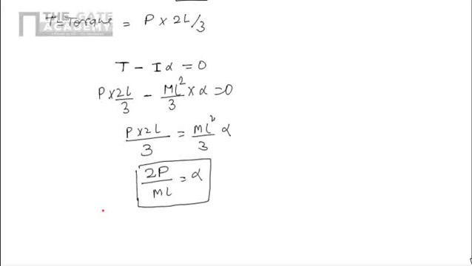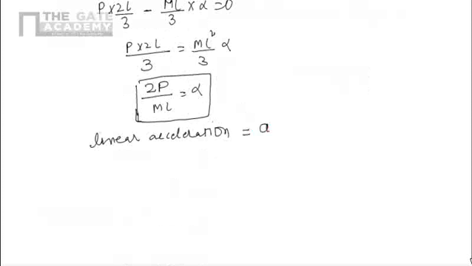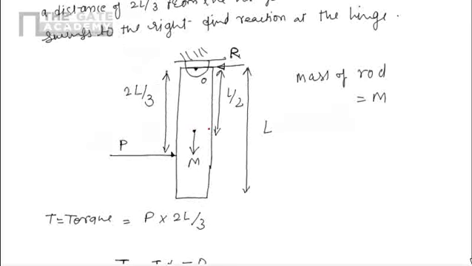Now we can easily find the linear acceleration. We know the mass acts at a distance of L by 2, because the center of gravity lies at a distance L by 2.